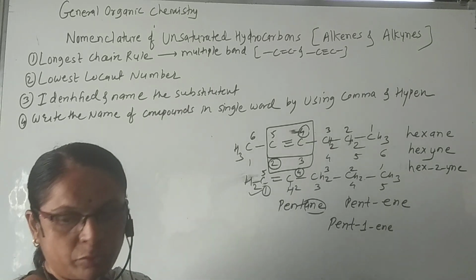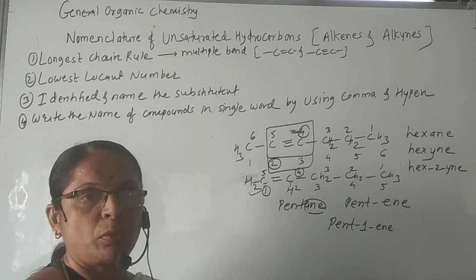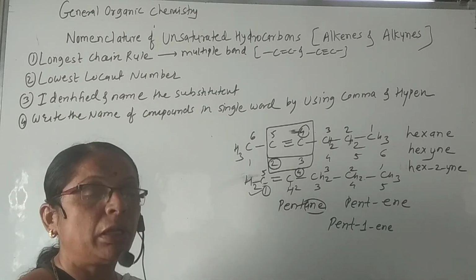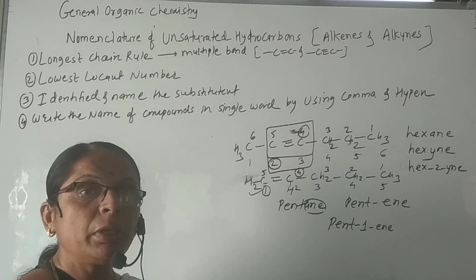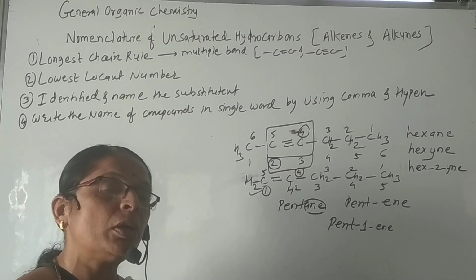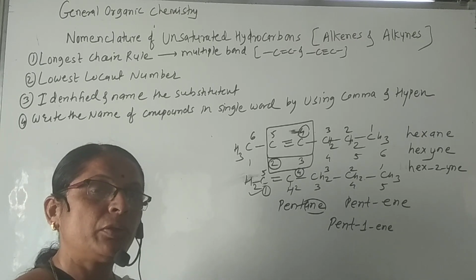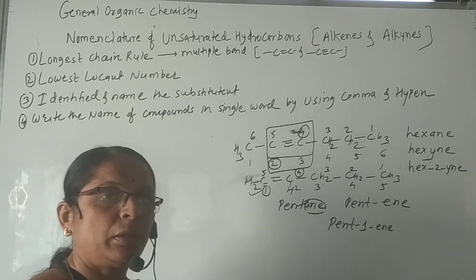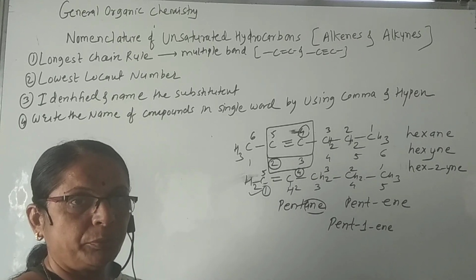Okay. So again we will repeat. What is your first rule? Longest chain rule. Select the longest chain containing your multiple bond, that is a double bond or triple bond. Then give the numbering so that the multiple bond will get the least possible number. So once you select your root word, then change "ane" by "ene" or "yne".